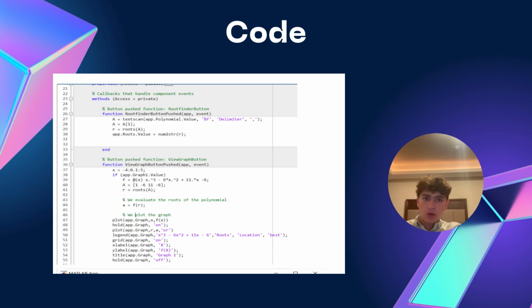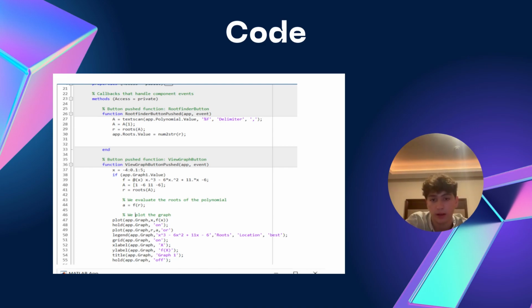Then we have a = a1, the column of data from the parsed input that helps us analyze the polynomial coefficients. Then we have roots(a), which calculates the roots of the polynomial with coefficients a. And then app roots a converts the roots to a string and displays them in the app so we can see them in the interface.